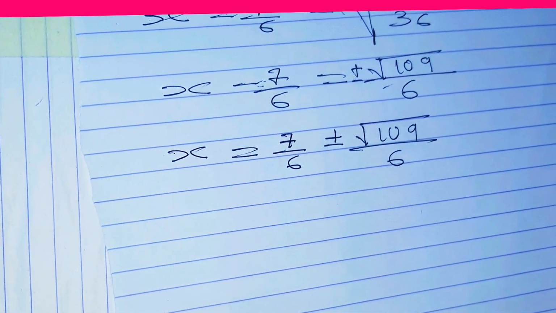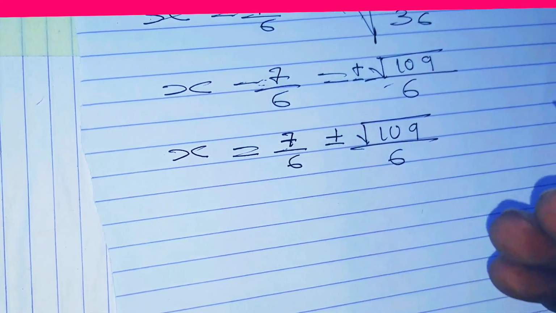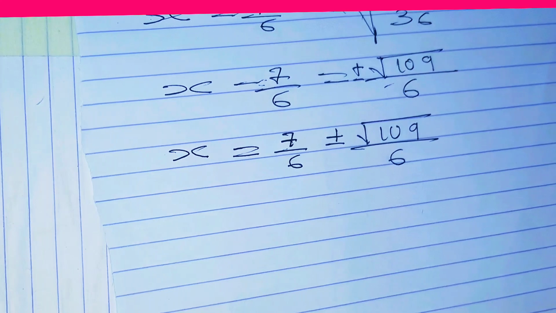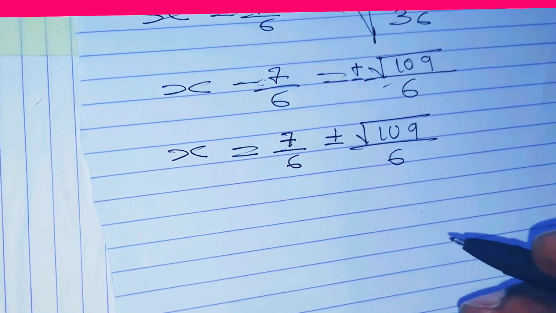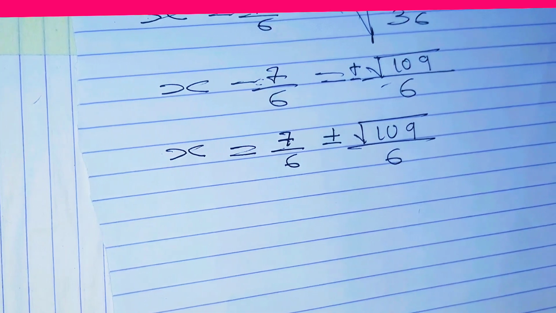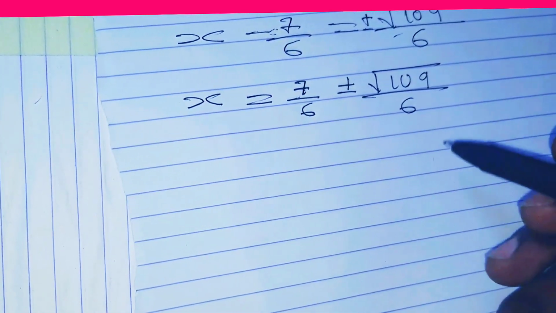Sometimes you can leave your answer this way, but it's always good you express your answer to the simplest form, because answers in mathematics are always expressed in their simplest form. So we've got to take some steps further so that we can have our answers expressed in their simplest form. So we need to sort out this.